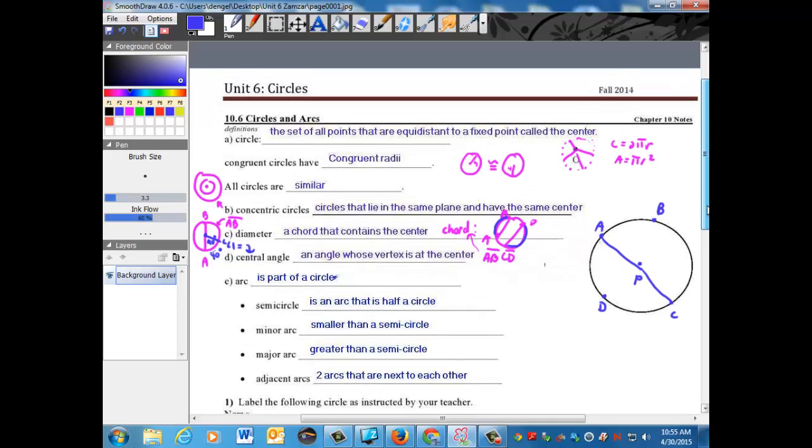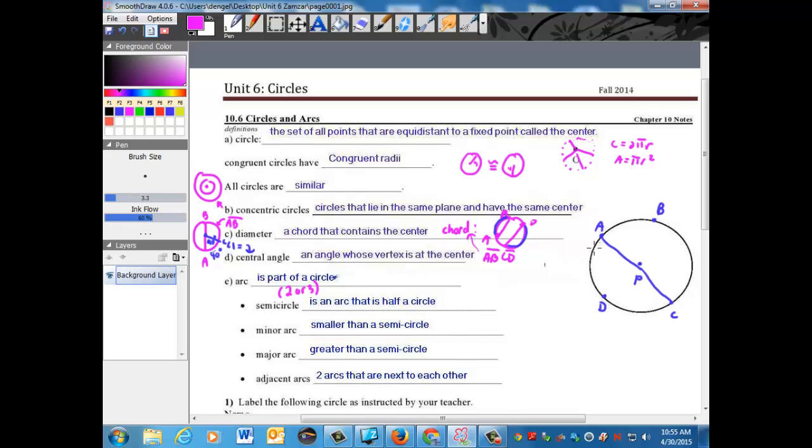A semicircle is an arc that is half the size of a circle. Looking at our drawing, in parentheses please put 2 or 3. What 2 or 3 means is that you can use 2 or 3 letters to label a semicircle.